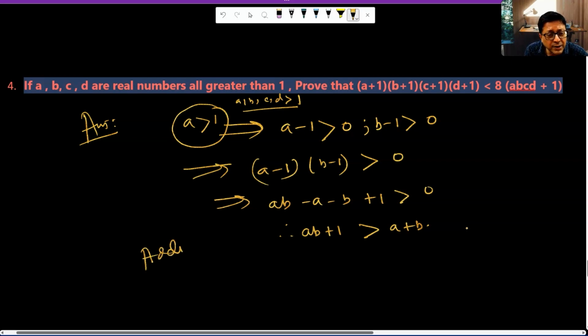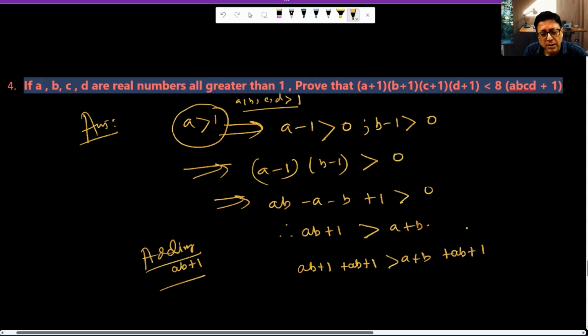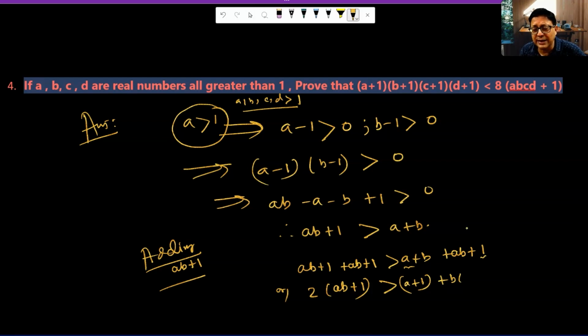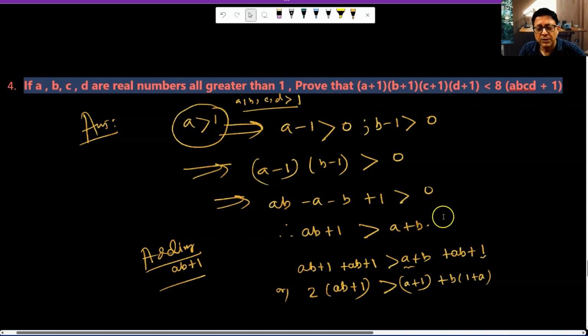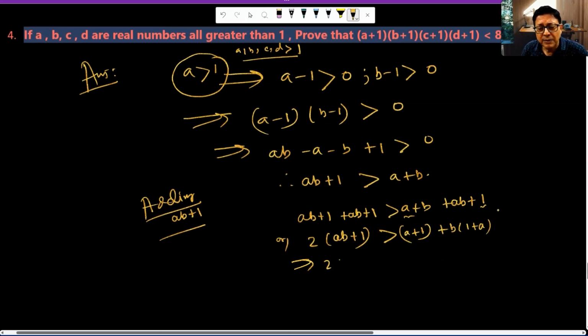So what you do there, adding AB plus 1 on both sides, twice AB plus 1 greater than, you take A plus 1 together and then B into 1 plus A. So what does this imply? 2 into AB plus 1 greater than A plus 1, and here on factorization it will be 1 plus B, or B plus 1.